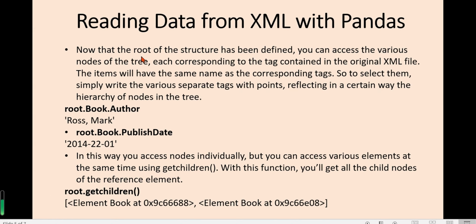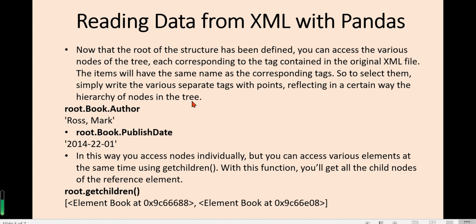Now that the root of the structure has been defined, you can access the various nodes of the tree, each corresponding to a tag contained in the original XML file. The items have the same name as the corresponding tags. To select them, simply write the various tags separated by dots, reflecting the hierarchy of nodes in the tree.